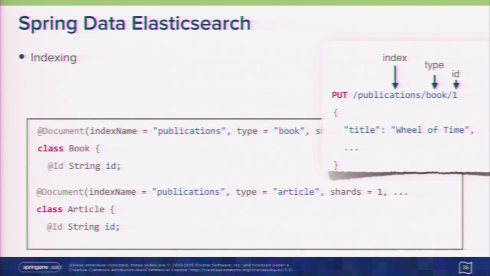So if you have, let's say, a name in the book type, which is of type string, and you have a name in article, which is a name type or value type, what have you, then that's not allowed. This will give you an indexing error. So those have to match. If you have a name in one, you have to have the same type in the other.